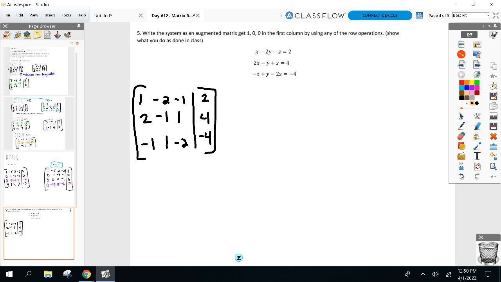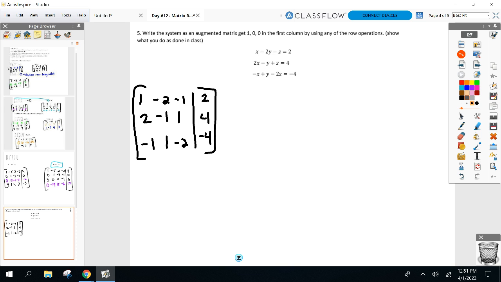Okay, next up. I'm just going to very slowly start this process, and we'll get into the whole thing next week. Everyone see what I'm asking for. In column 1, I need a 1, 0, 0. And remember, you're only allowed to do 3 things. Multiply a row by a number that's not 0, flip-flop rows, multiply a row by a number and add it to another one.